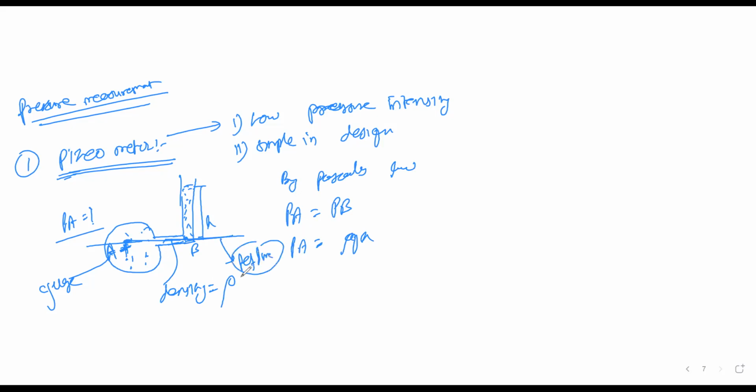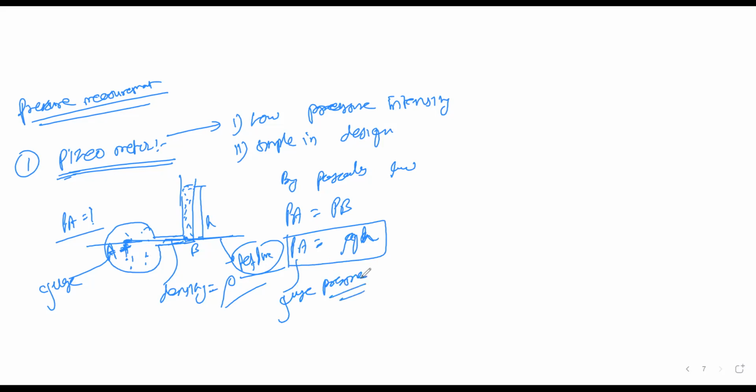Always try to take the depth from the reference line, and the density is rho, and we have 9.81, that is acceleration due to gravity. So the formula to find the pressure at point A is rho gh, and that indicates the gauge pressure.